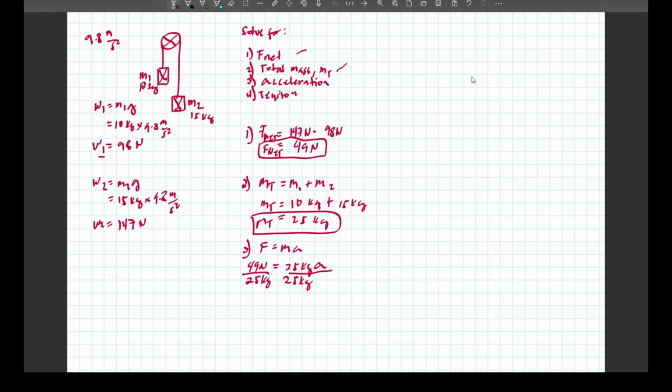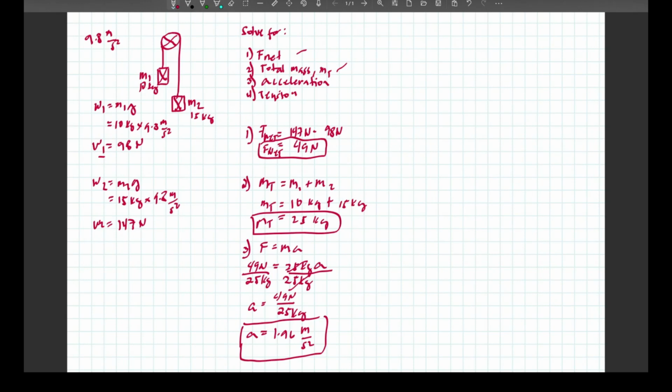So we cancel the 25 near A. What is left now is A equals 49 Newtons divided by 25 kilograms. Since we're looking for acceleration, the unit is meters per second squared. So 49 divided by 25 will give us 1.96 meters per second squared. So this is our acceleration. Okay, let's box it.